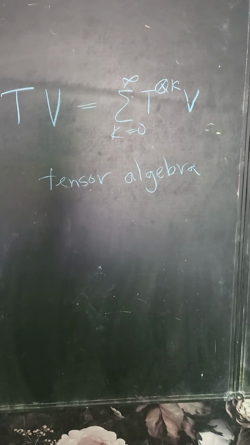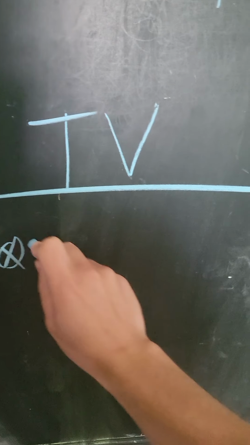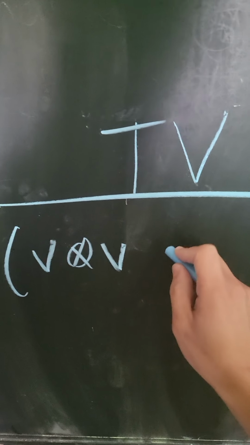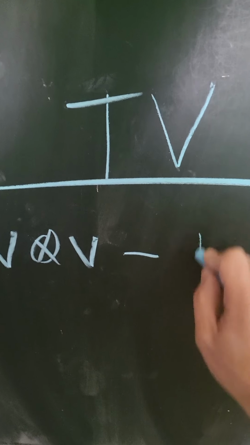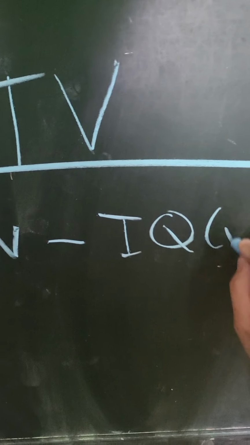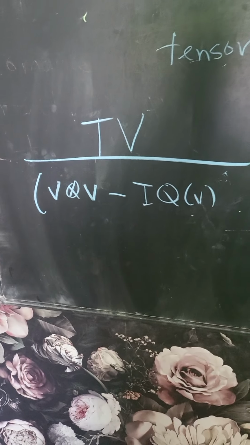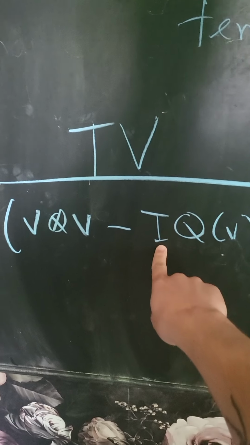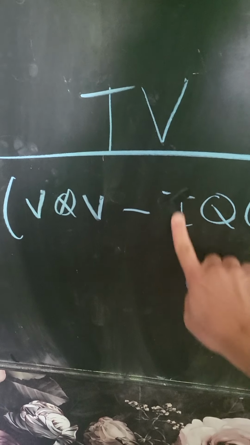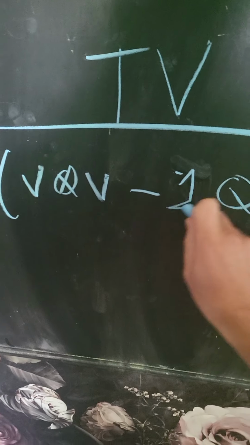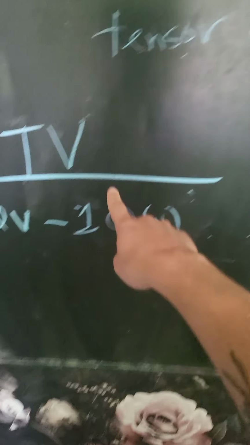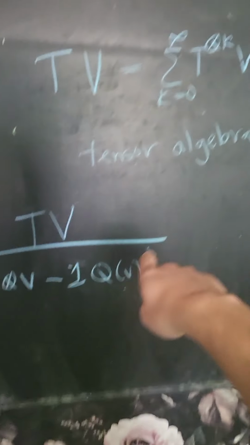And then essentially for the Clifford algebra, you take this tensor algebra, TV, and you quotient it by the ideal generated by elements of this form, where 1 is just the identity element of the tensor algebra.